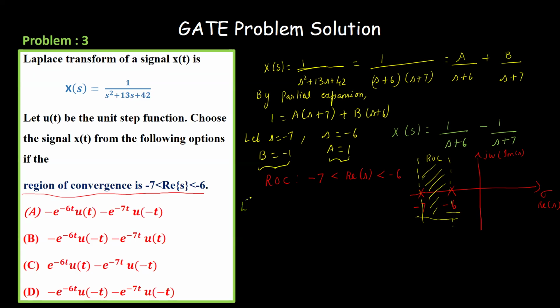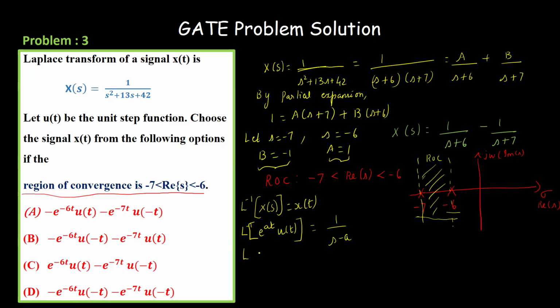Now, L inverse of X of s equal to x of t. Before finding the inverse Laplace transform, I am going to tell you one thing. The Laplace transform of e power at into u of t, for the right-sided step function, we know, is 1 by (s minus a).